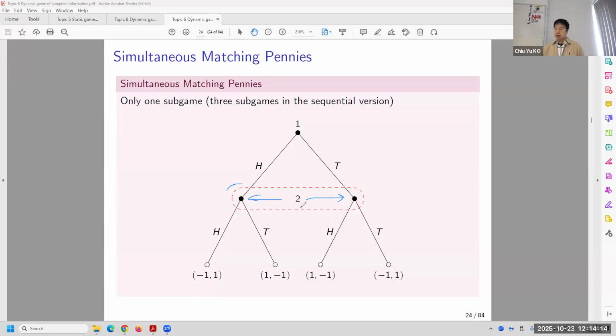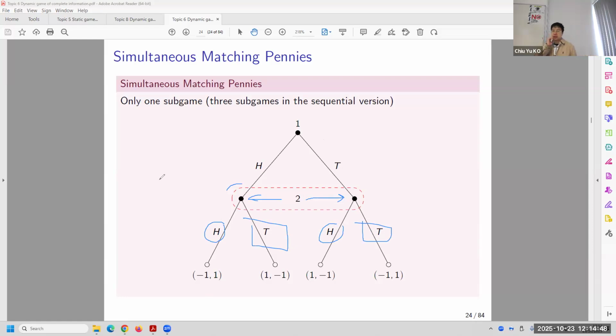In that case, he is not allowed to choose H here and T there. He can only choose H or T overall. There's no way he can choose differently in different branches. So this limits what he can do because he doesn't know where he is. That is very important. And that means there's only one subgame because you cannot cut through this.